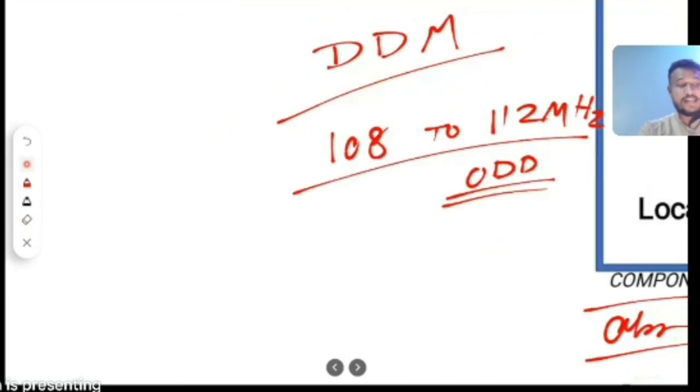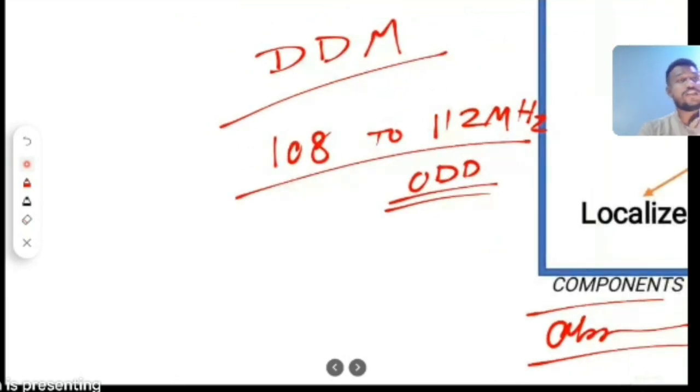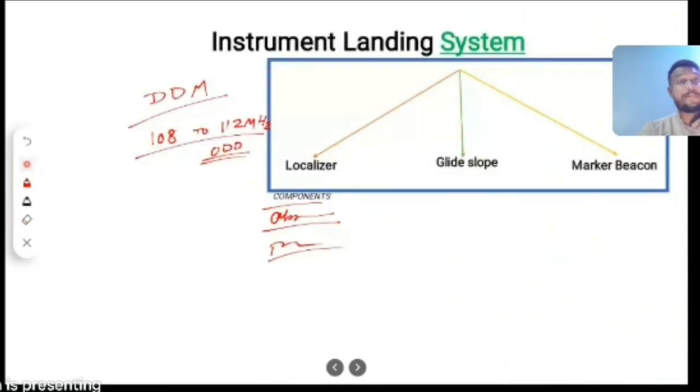Basically it's a localizer frequency. You have to tune the frequency in the cockpit on the navigation control panel so that you can capture or establish on the ILS. Understood, Raza Sahab?